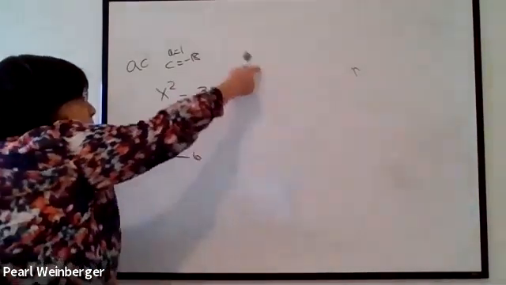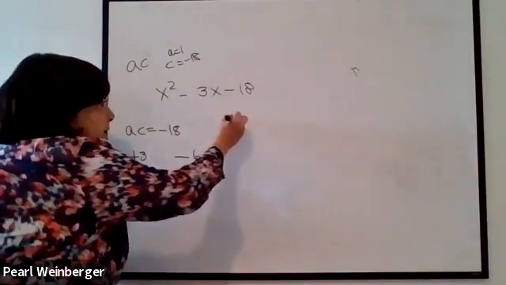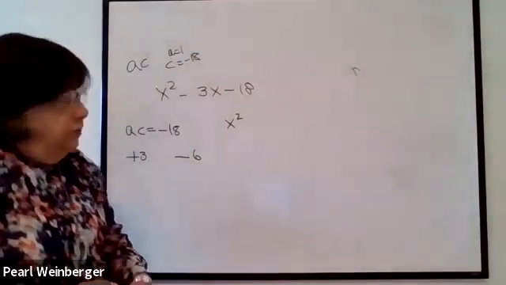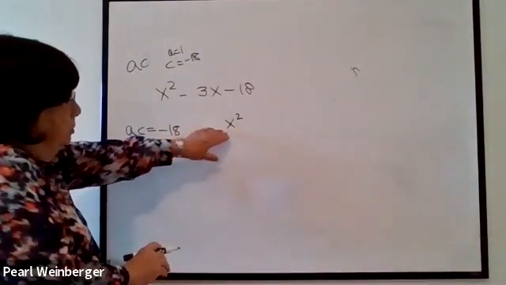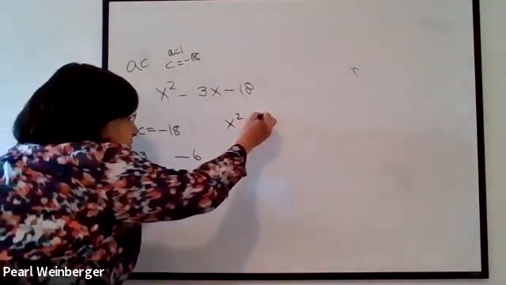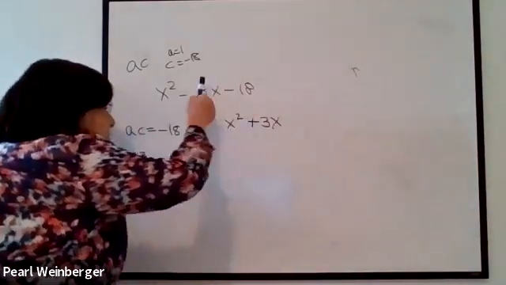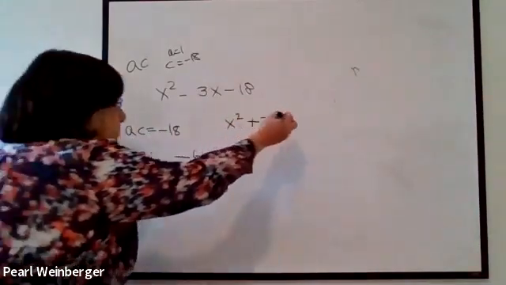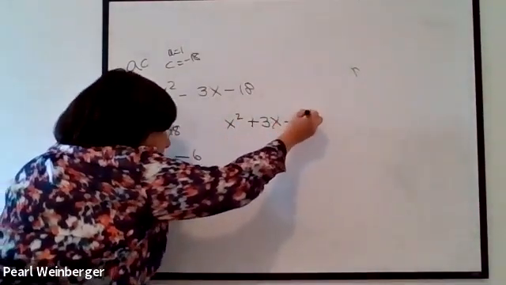So now I'm going to rewrite this trinomial as 4 terms. I'm leaving my x squared alone. I'm writing my next term to be plus 3x. I have to put the letter next to it. These are just the numbers. My next term will be negative 6x.